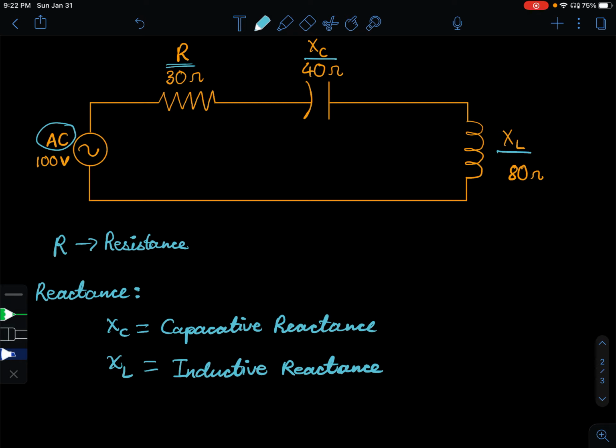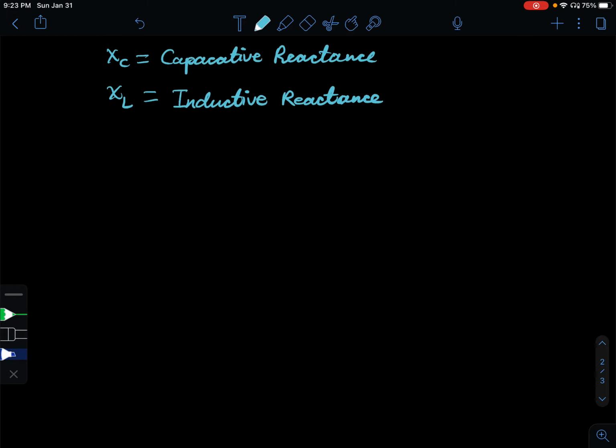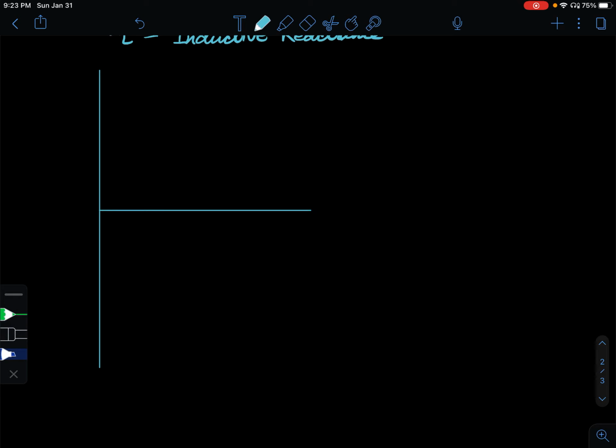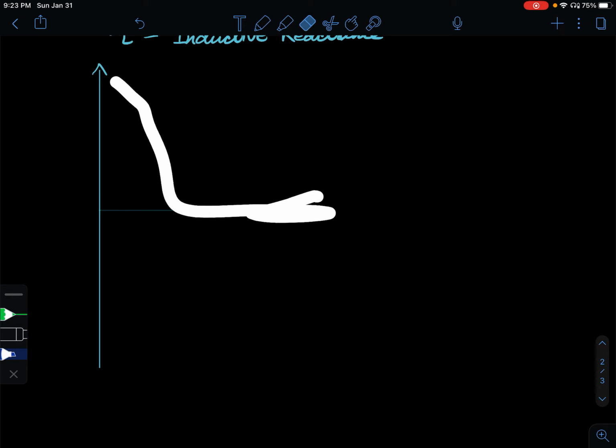So the first thing we're going to do is, what do you think we do with complex numbers? That's right, we make a graph. I'm not going to include the negative real axis, just the positive real axis for this one.